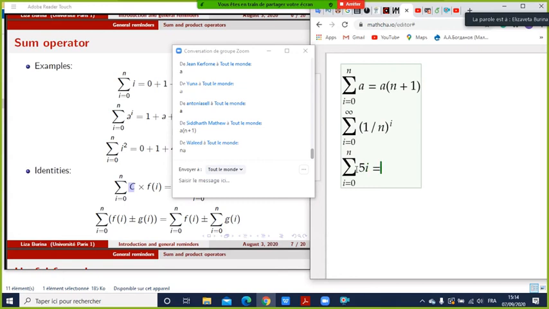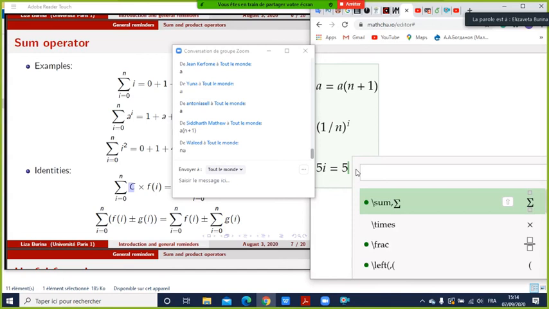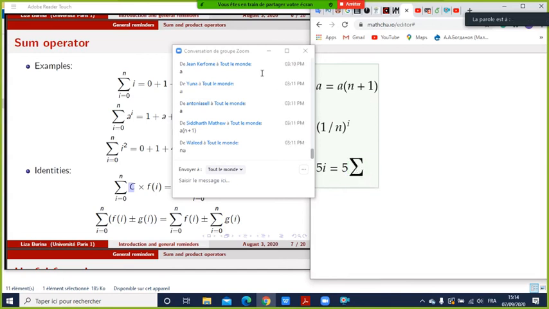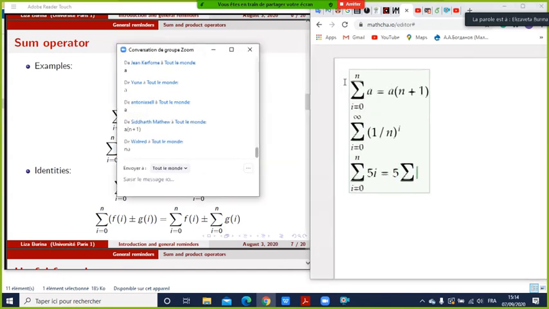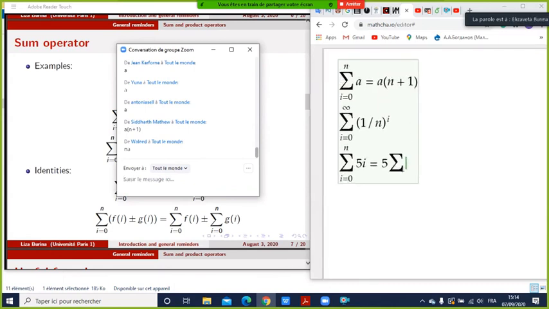So that will be 5 times the sum from 0 to n of i. Cool. That's it.